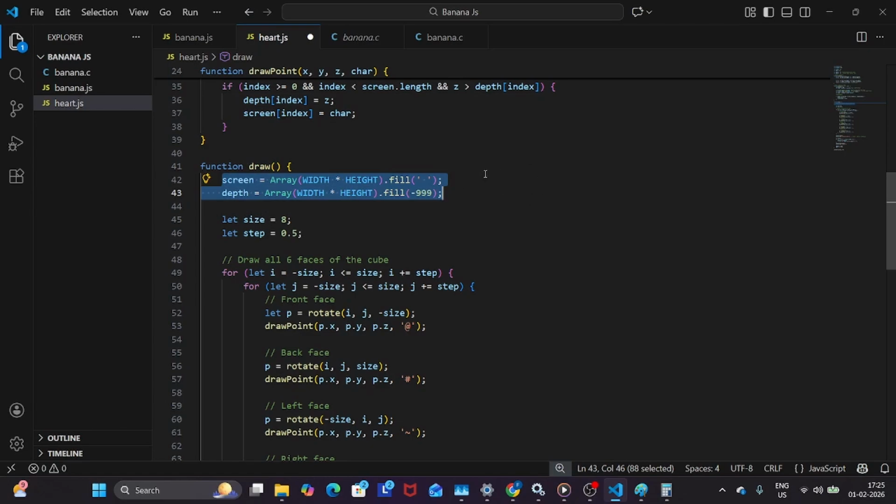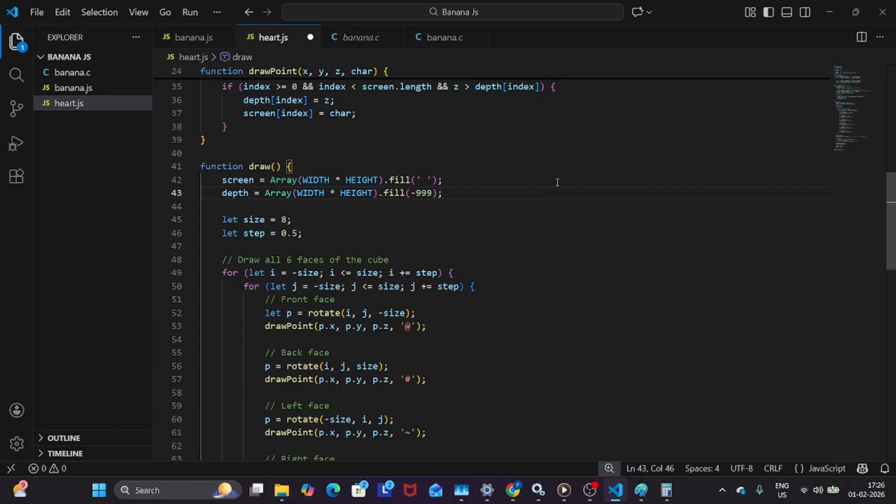The screen array holds what character is shown at each position, and fill means we start with blank spaces for all positions; later we will fill them. Depth holds how far each point is at a position. Fill 999 initializes all depths far away so points can overwrite. So at first the depth is very far, the basic default.